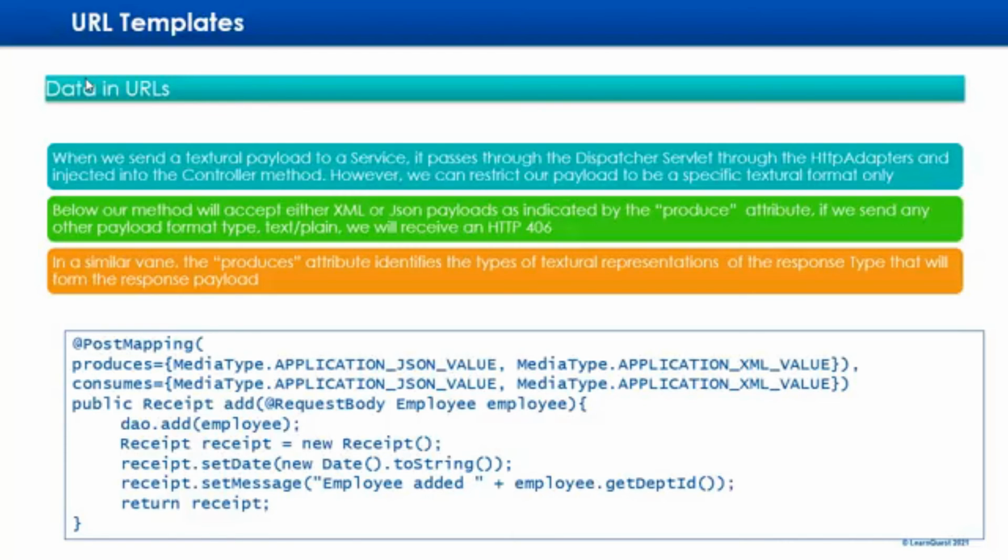In this code snippet, I have both. The produces is what you think it is. What am I sending back? In this example, we are sending back either JSON or XML, but because JSON comes first in the list, we will favor JSON.